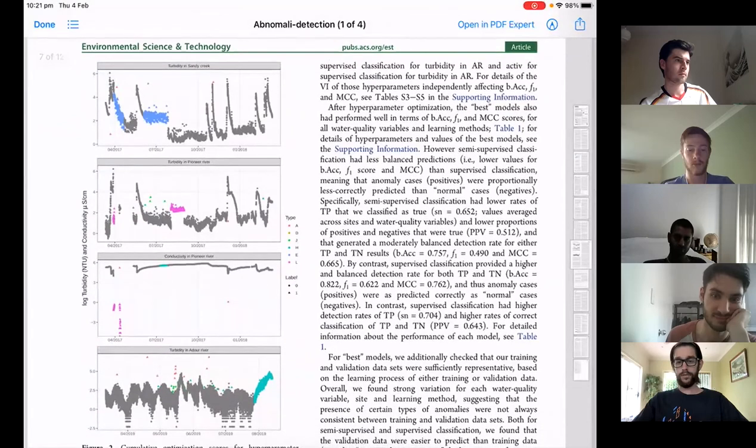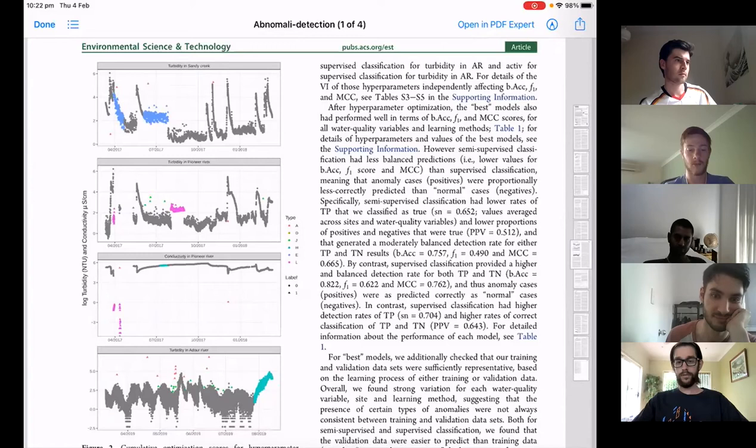So we have different locations and different kinds of measures, we have the turbidity, you can see conductivity, and we want to be able to detect some kind of anomaly. The anomaly can come from the sensor or from a drift in the water quality.